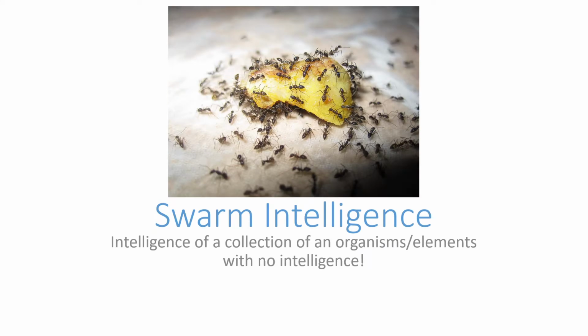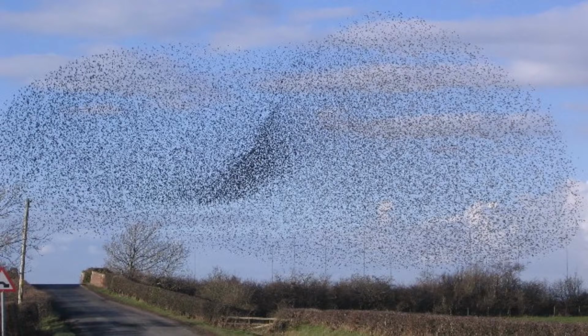And the third class of artificial intelligence algorithm, my favorite, is swarm intelligence. It is an intelligence of a collection of organisms or elements with no intelligence, but as a whole they produce some kind of intelligence. These are starlings, small birds, a flock of starlings.